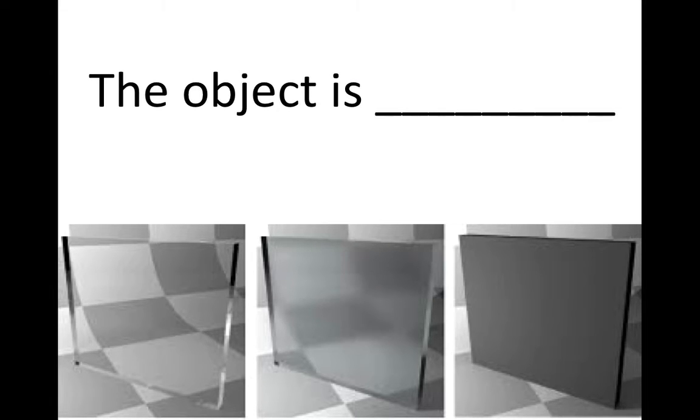Okay, so let's review. Here we have the object is, we have three choices. Number 1, transparent, translucent, or opaque.